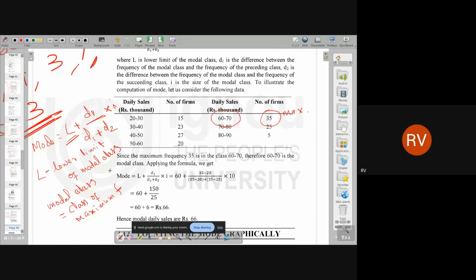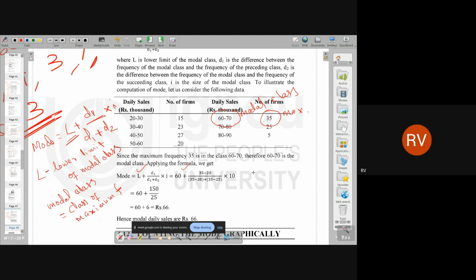So L is equal to the lower limit of the modal class. That is 60. The modal class is 60 to 70. So the lower limit of the modal class is 60, plus D1.